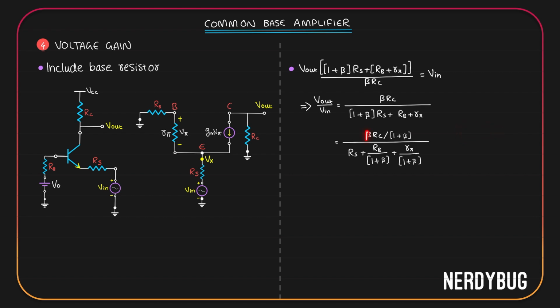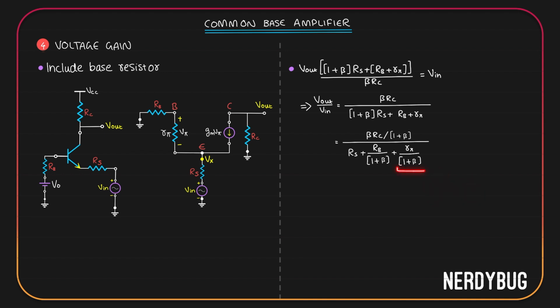So here we have beta divided by 1 plus beta, that will be approximately equal to 1. Also, here we have R pi by 1 plus beta. 1 plus beta is approximately equal to beta itself. So R pi by 1 plus beta can be approximated to R pi by beta. But R pi by beta is 1 by gm.